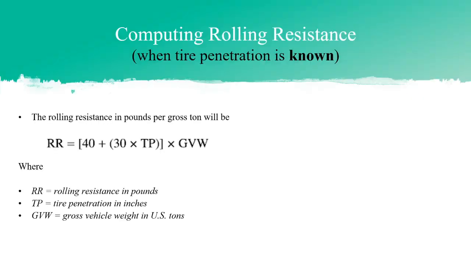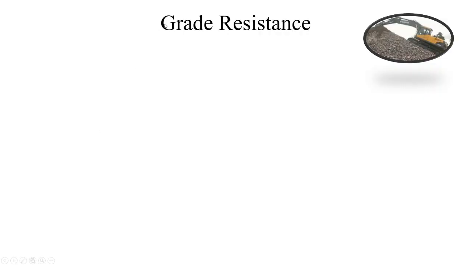So we covered rolling resistance, but there is another resistance against the movement of the machine, and that is the grade resistance. So look at this picture. Obviously, this machine has a harder time going up the hill than it would when the road surface was level. Okay, so when it wants to come back down the hill, it will have an easier time compared with a level surface.